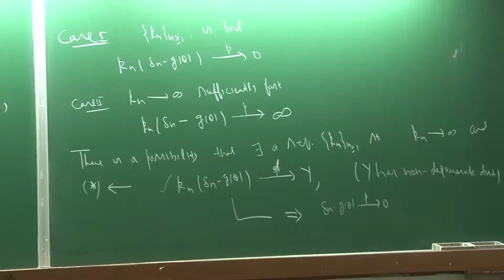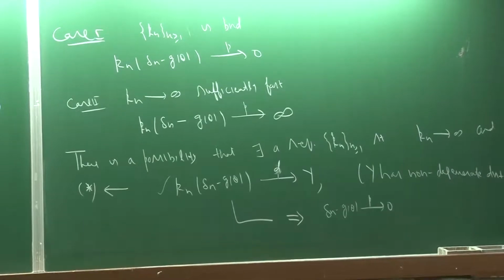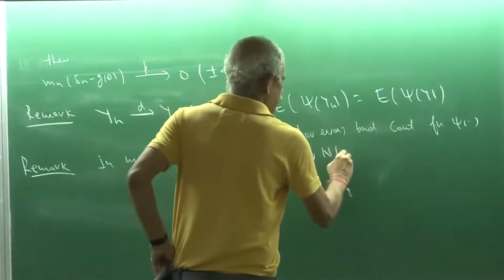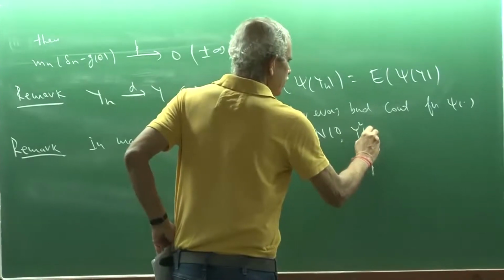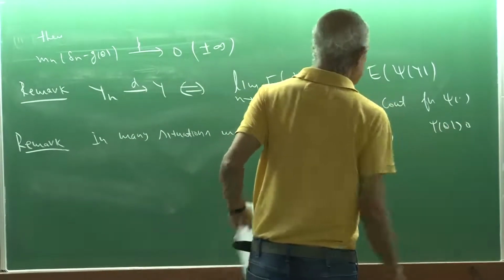So in many cases you will have a limiting distribution as a normal distribution. So Y is, suppose, normal 0, tau square theta, where tau theta is greater than 0.